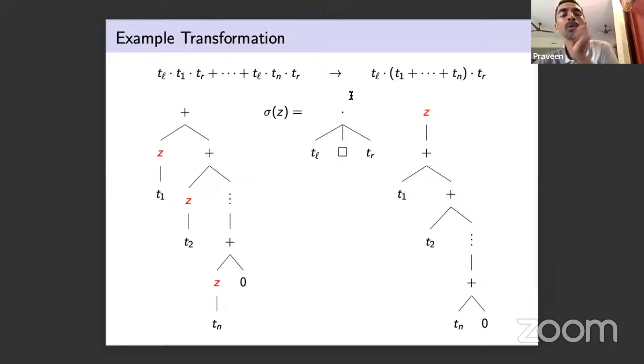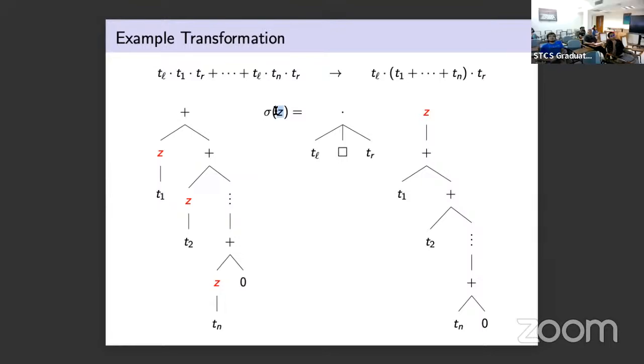You want it to happen only with operators which allow distribution over addition. So you want to control what kind of operators are used in the tree that is being substituted here. You want to have some control over what kind of trees are being substituted for the variables, and that control is given to us by this guard language.